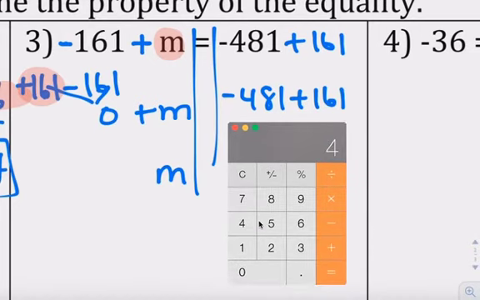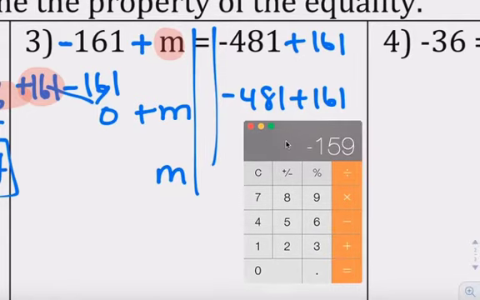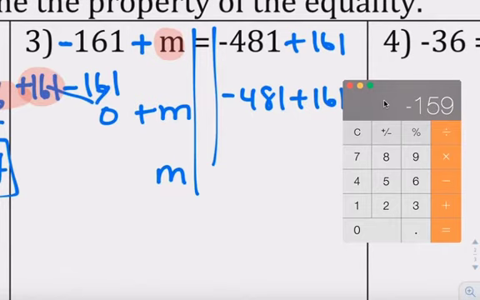Negative 481, add 161. 320. No, 359 negative. No, 1. Why did I say 3? No, it doesn't look right.